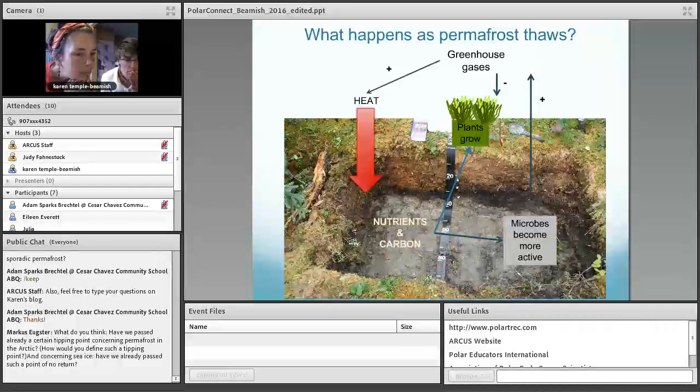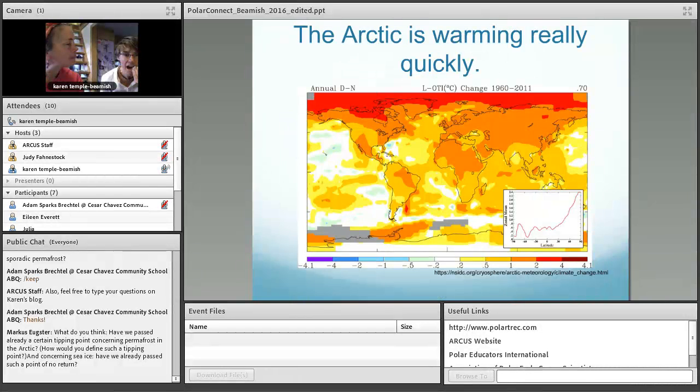And concerning sea ice, have we already passed such a point of no return? I'll let you digest that one. You can tell that this is a tough question.